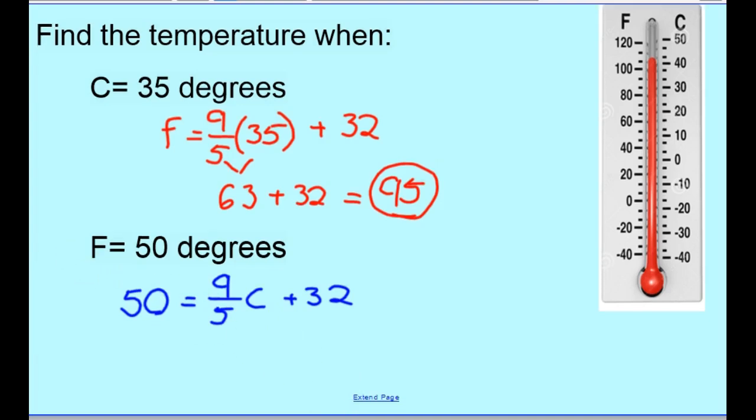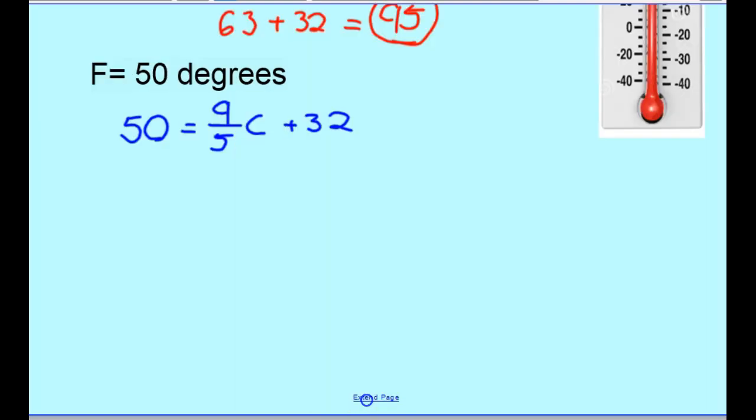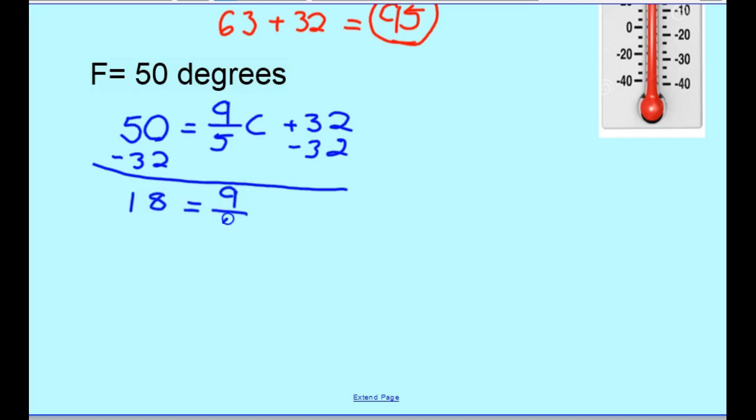So what we have to do first is get rid of the constant, which is the 32. So we're going to subtract 32. 50 minus 32 gives us 18. Equals 9/5 C.